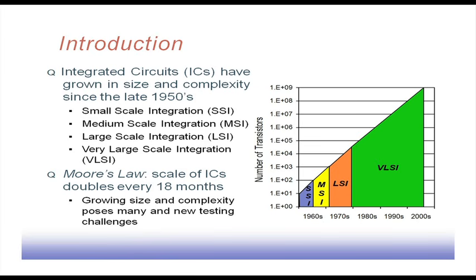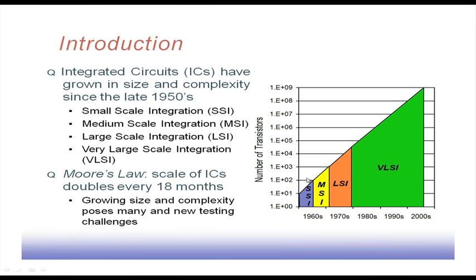So, this particular diagram shows how VLSI design has become more and more complex over the years. In the 1960s, it started with small scale integration having 10 to 100 transistors per chip. Then in the 60s to 70s, it switched over to MSI, medium scale integration.